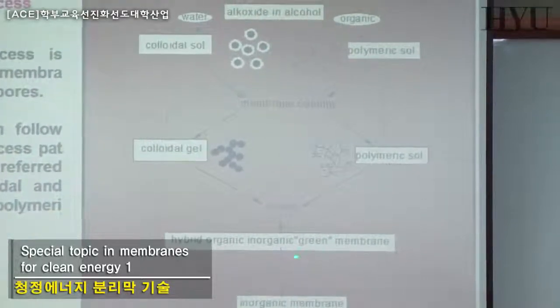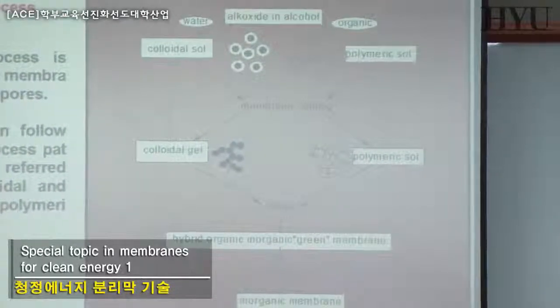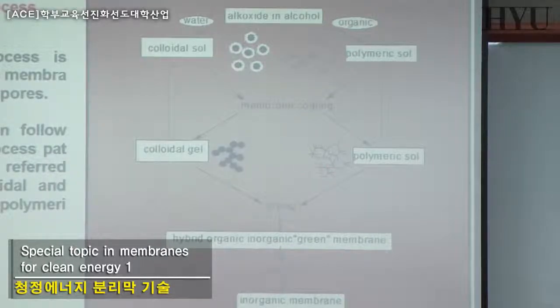Of course, depending upon the sintering temperature, you can remove most of the hydrogen and the rest of the elements except the carbon. So you can have a carbon and silica composite membrane after sintering at high temperature, above 500 degrees C. But if it's lower than 500 degrees C, you have a polymeric phase, of course, dispersed with the colloidal gel.